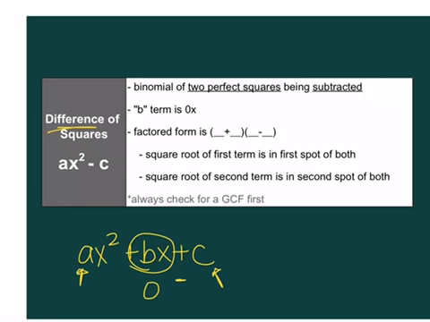When we put it in factored form, the square root of the a is going to be in the first spot, and then the square root of the c is going to be in the second spot, and then one will be a plus and one will be a minus if we're dealing with difference of squares.